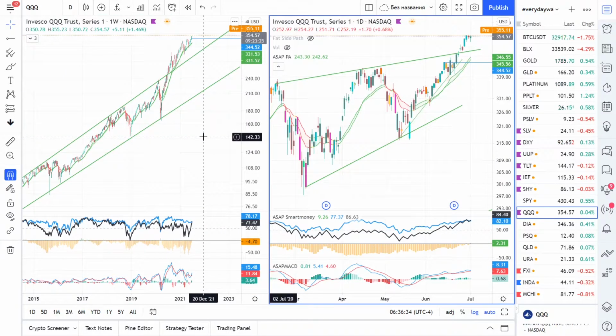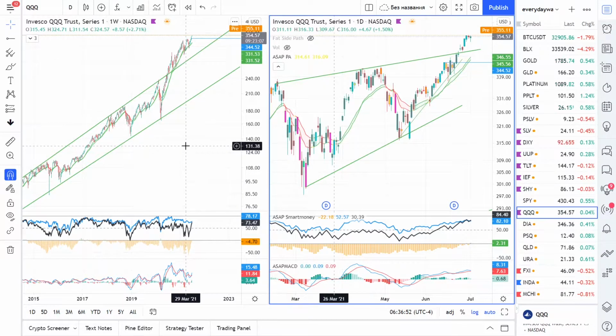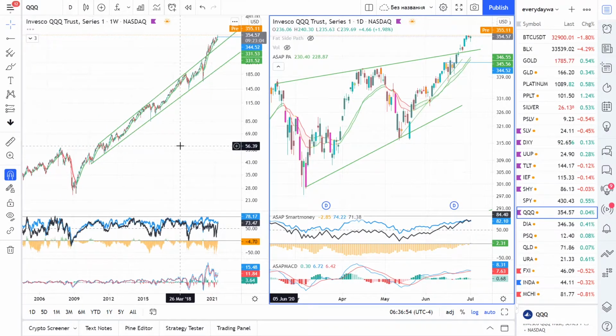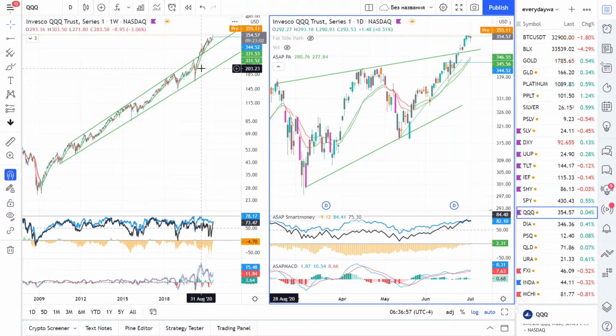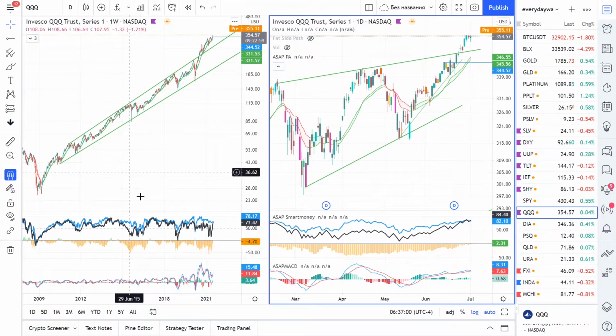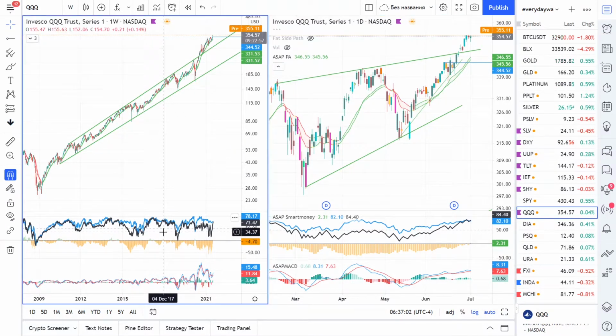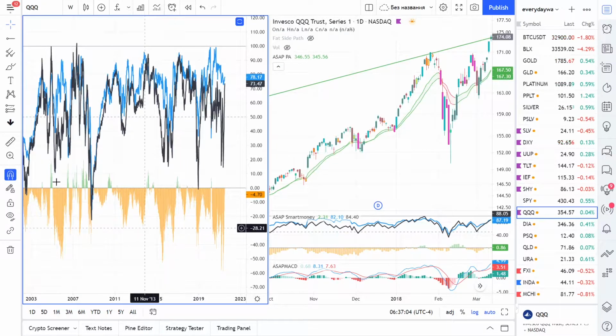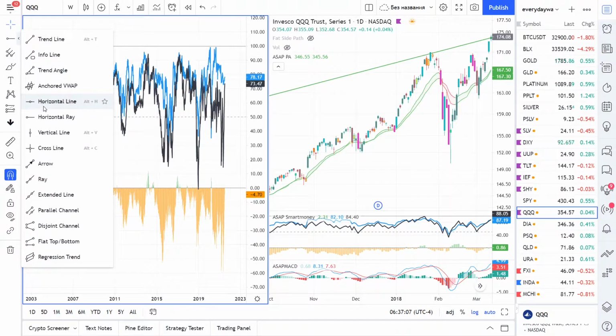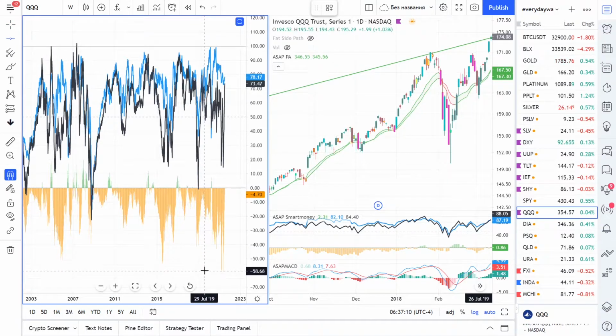And the last thing worth mentioning is the triple Qs. I know there are some perma bears that predicted loads of times the death of this ticker. And still, we have a steady channel which is very bullish. Pay attention, the delta on the weekly indicator is kind of unusual for me to see.